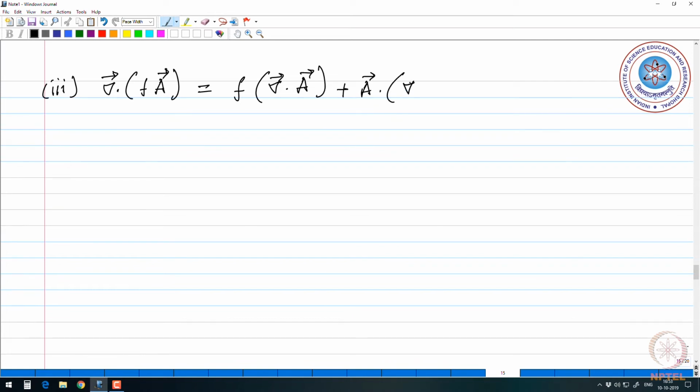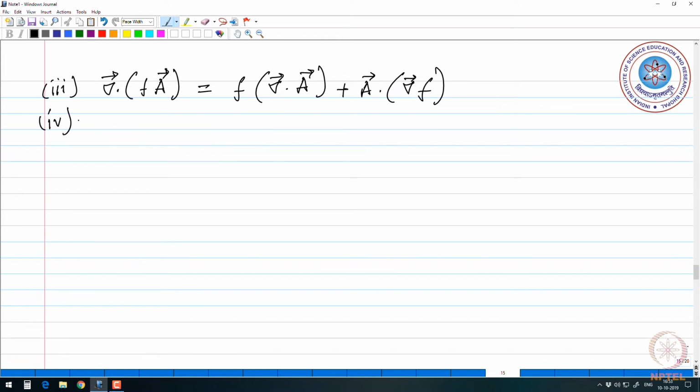Okay, then there are similar rules for divergence. Divergence of a vector field multiplied with a scalar field is given as f divergence of A plus A dot the gradient of this scalar field, and as a result of this we get a scalar quantity out of this divergence.